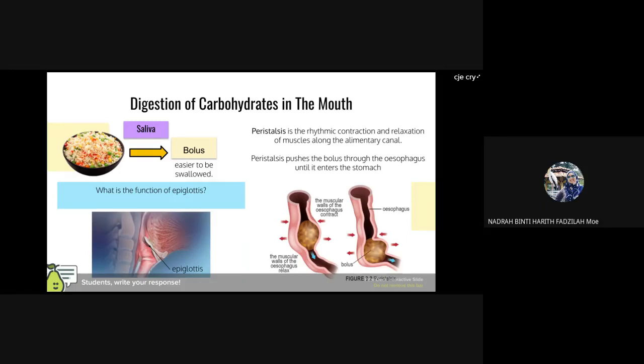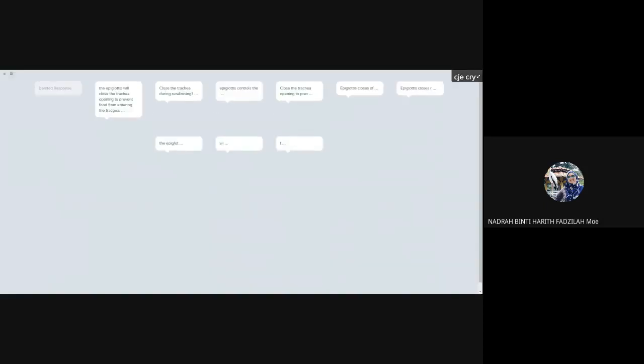When we swallow the bolus, the epiglottis does something to reduce the risk of the bolus entering our respiratory area. So what is the function of the epiglottis kat sini? What is the function of the epiglottis? Yes. Close the trachea during swallowing.